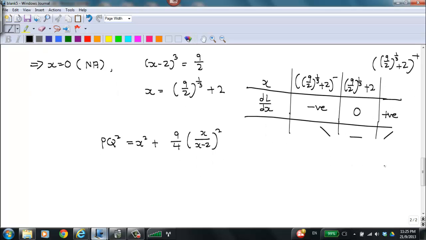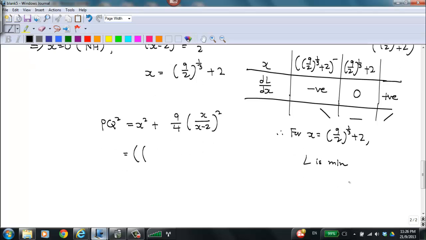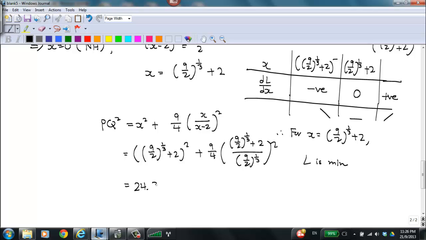So you have to say therefore, for x equals (9 over 2)^(1/3) plus 2, L is minimum. By putting this in, 2 square plus 9 over 4, times the expression squared, you will get the answer as 24.3.